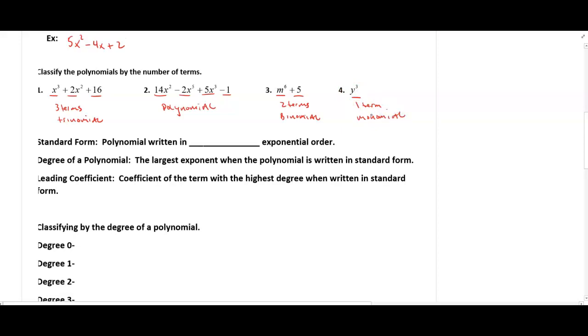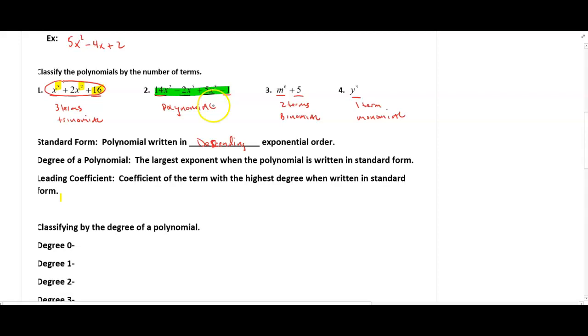Okay, now the standard form of a polynomial is basically when a polynomial is written in descending exponential order. All right, so when I look up here, this one is written in standard form because it goes x to the third, x to the second, then constant. This one is not written in standard form.